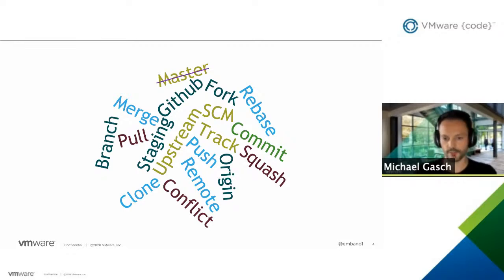There are a lot of words which probably don't even make sense, even after starting with Git. Especially when you contribute to projects or have your own project, new terms will come up and people are going to ask you, shall I rebase? Or, what about squashing?